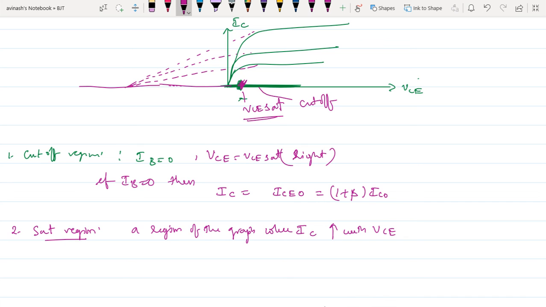IC increases with VCE. Let us take this as the saturation point, then this point A to B is called the saturation region.